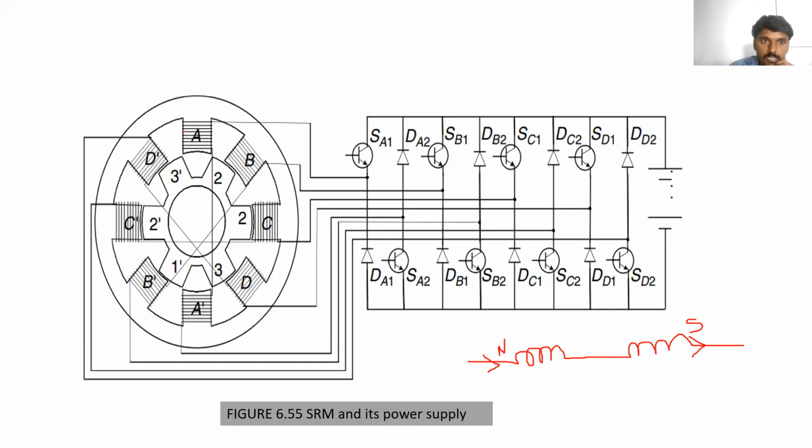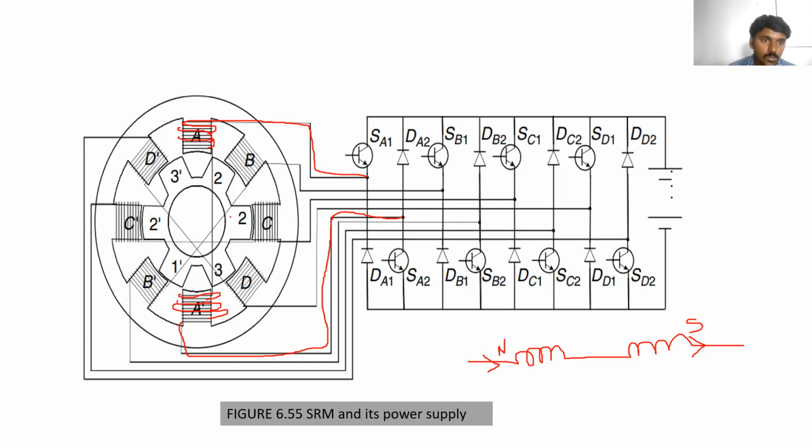This coil is wound on the A pole like this, and current exits through the A dash coil like this, and then goes to where it is connected. This is one closed circuit.